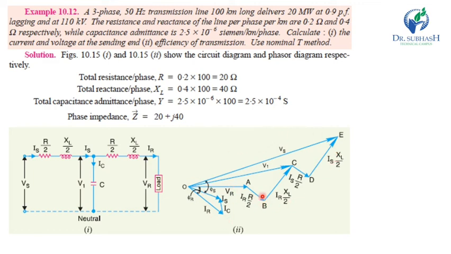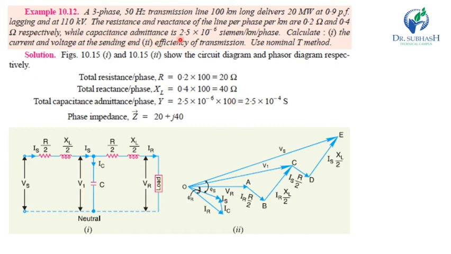From the phasor diagram we have to calculate the sending end voltage, sending end current, and efficiency of transmission. First of all, in the data we see that we have a frequency of 50 hertz and a 100 kilometer line. So we multiply the resistance, reactance and admittance by 100 and we get the total resistance, inductance and admittance.